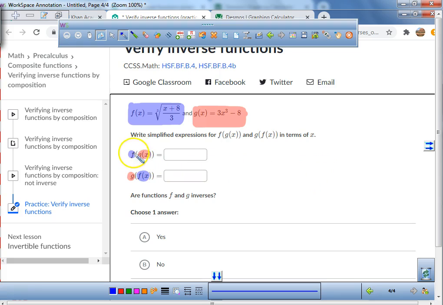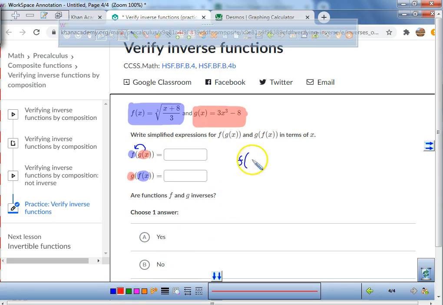So the first thing I'm going to do is f of g of x, which basically means we're taking g of x and plugging it into f of x. So here we go. We're going to do f of g of x. Now we start with this big, old, huge cube root, and I'm making it nice and big. That's an index of 3. It's a cube root, and over in here we have a 3, and then I'm going to open up a parentheses and put plus 8.